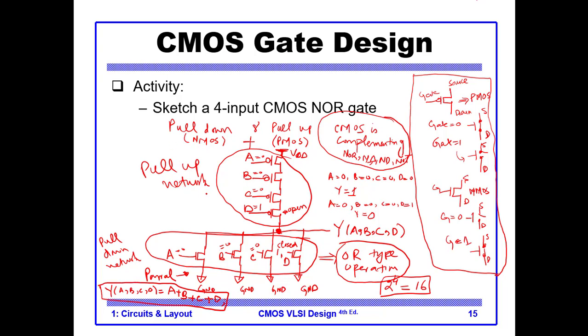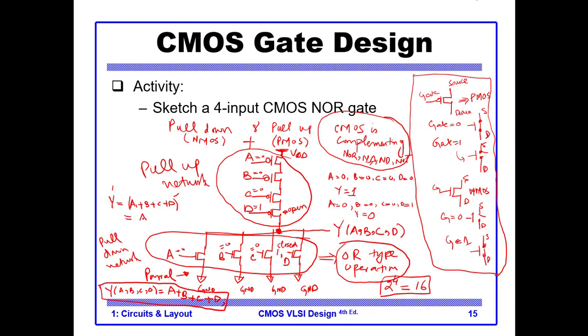And if we come to the pull up network, it is basically Y bar. And Y bar is what? Y bar is A plus B plus C plus D, whole bar.